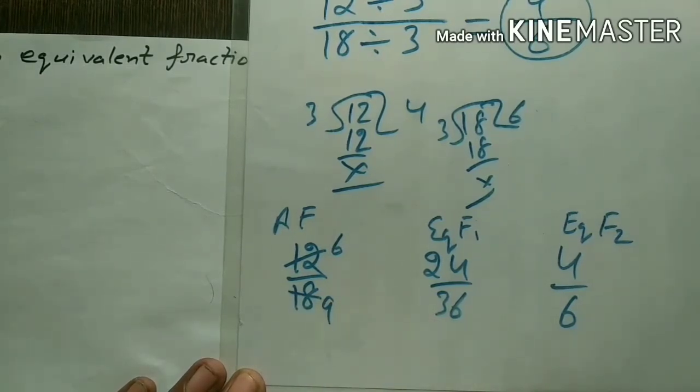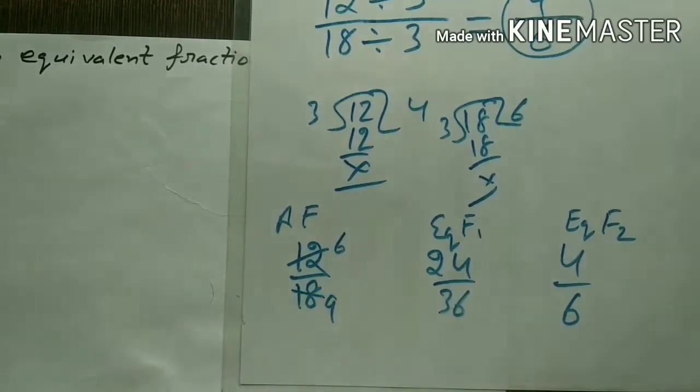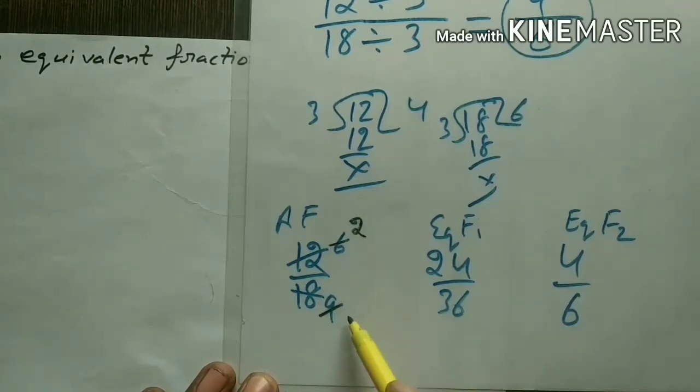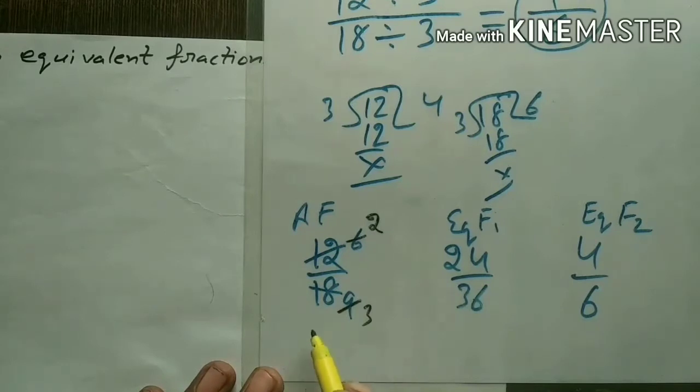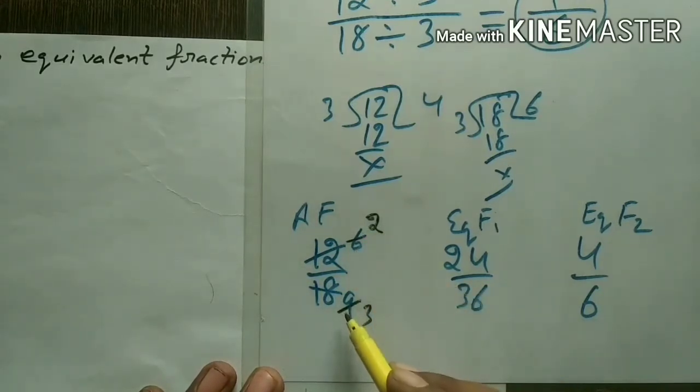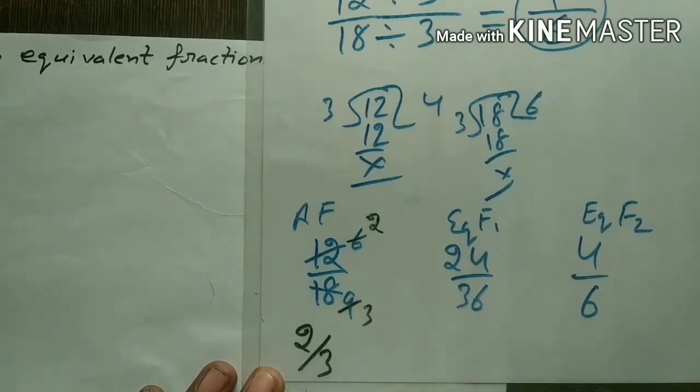Now you can see 6 and 9 are both divisible by the table of 3. 6 divided by 3, the answer is 2, and 9 divided by 3, the answer is 3. Therefore, the answer is 2 by 3.